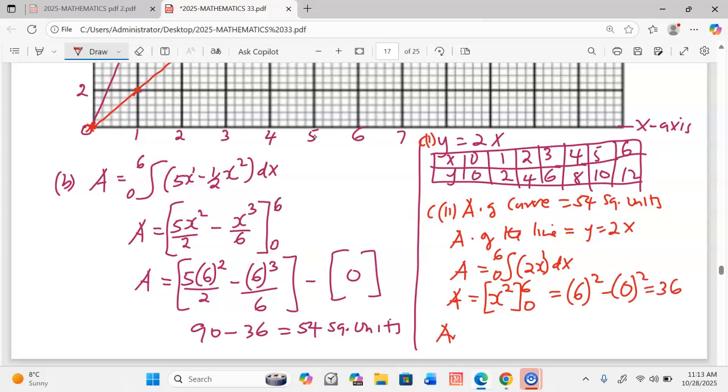Now to find the area, we are going to simply take the area of the curve, which is 54, minus the area of the line, which is 36, and this one is going to give us 18 square units, and that gives us the area between the line and the curve.